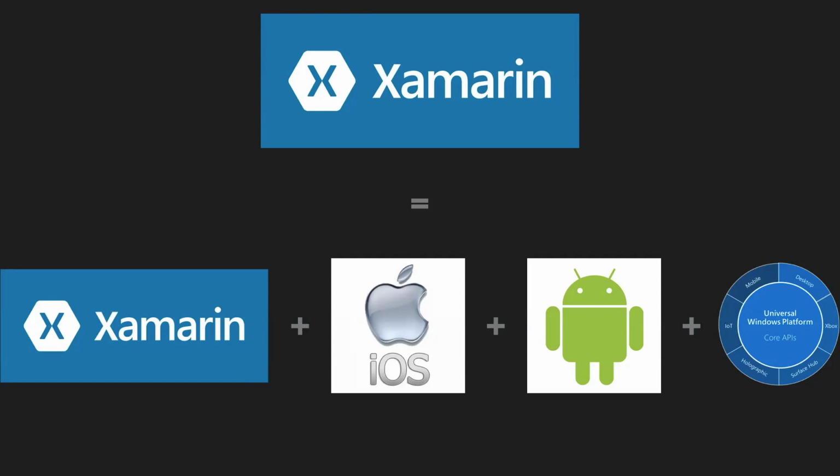And I would have to do that again on Android using again C#, but the native APIs. And if we were to also target the Universal Windows Platform, then I would have to learn that as well.